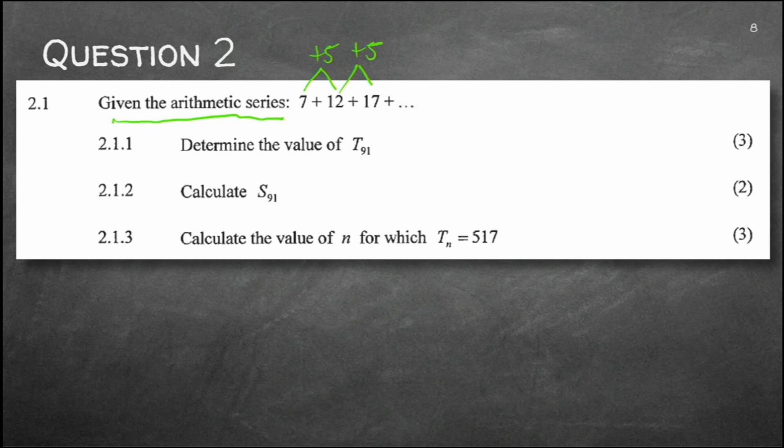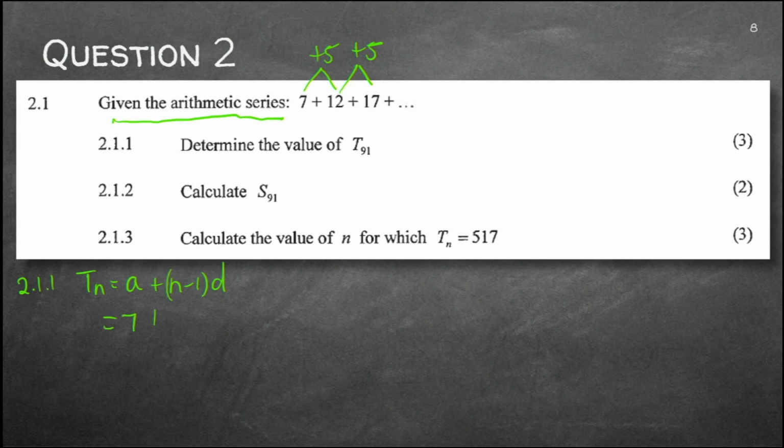So let's quickly have a look. The first question they ask us is to determine the value of T91. So obviously I first need to get the Tn, the general term, before I do anything else. So 2.1.1, Tn is equal to a plus n minus 1 d.